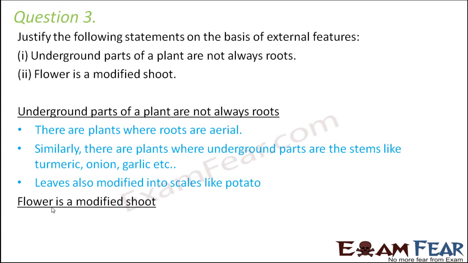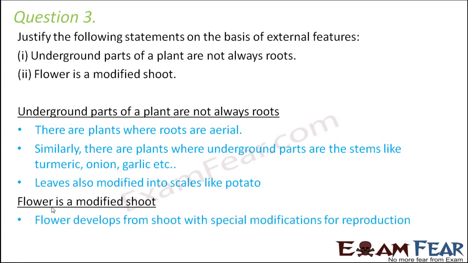From where do flowers come? They come from the shoot. So we can say that flowers develop from shoot with special modifications for reproduction. Some shoots modify themselves to perform this function of reproduction, and the result of that modification is nothing but flower. So flower is a modified shoot.